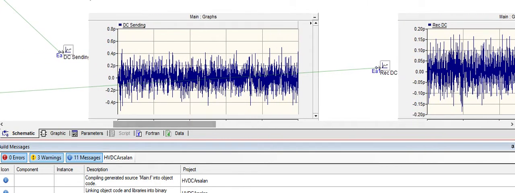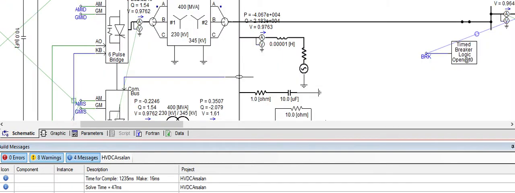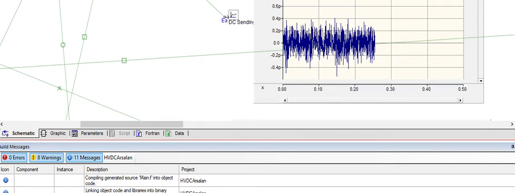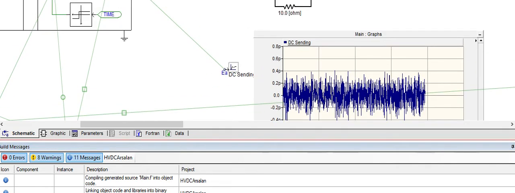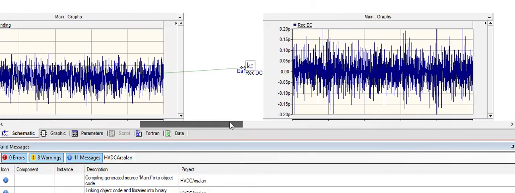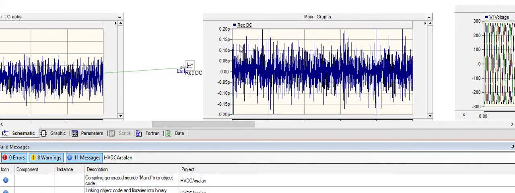I just remove one and I just put it on. Here you can see receiving side DC, because I just removed the receiving side DC filter.